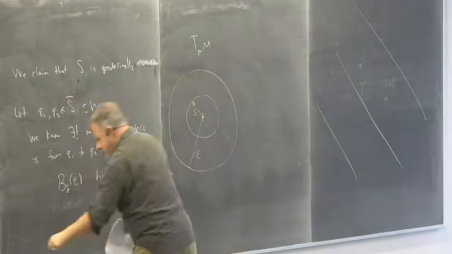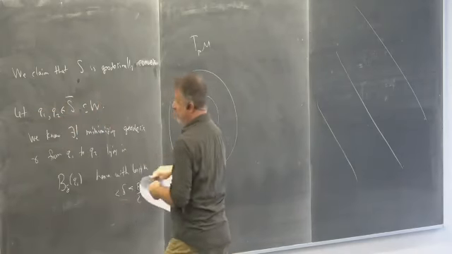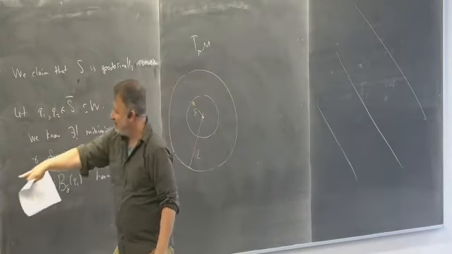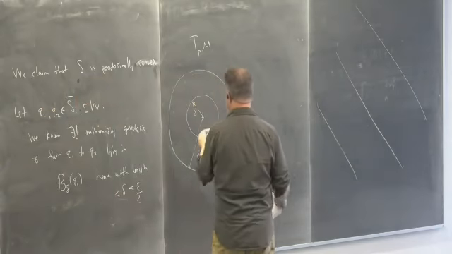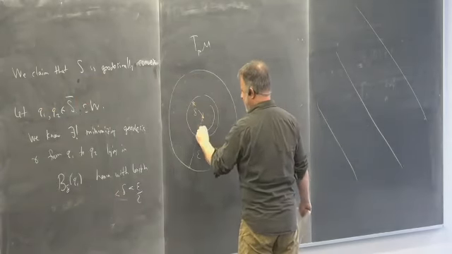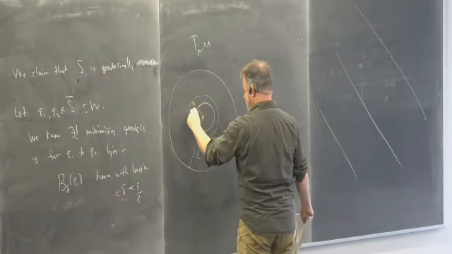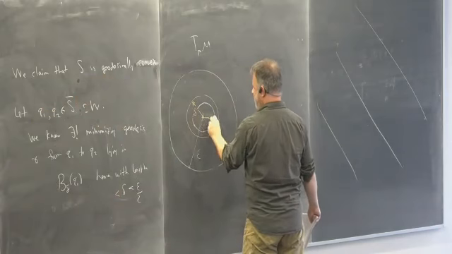So I have my points Q1 and Q2. Q1 and Q2 are in the closure of the ball of radius beta, and beta is less than delta. So maybe this blue one is beta.